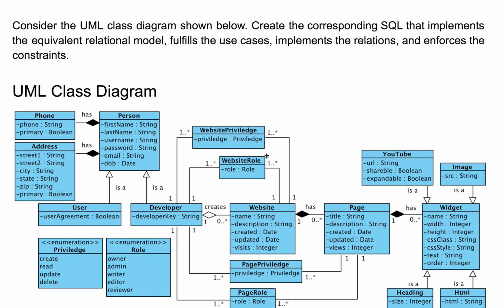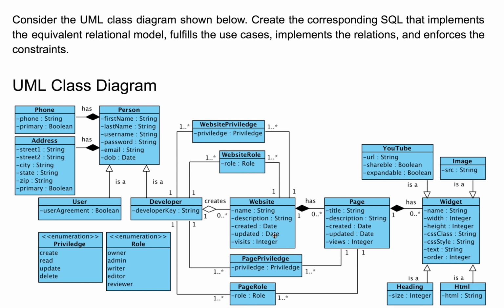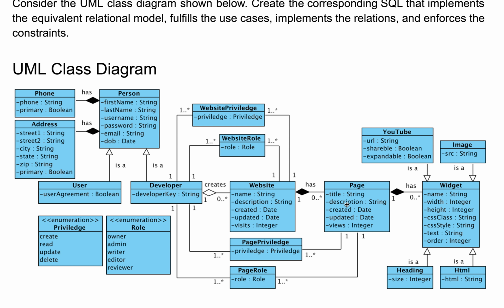We can keep track of individual privileges and individual roles for the website and also for the page. Those roles and privileges are taken from enumerator data types that keep track of the various roles they can have. They can have multiple roles for website and page, whereas the privileges are listed in a different enumerator data type.